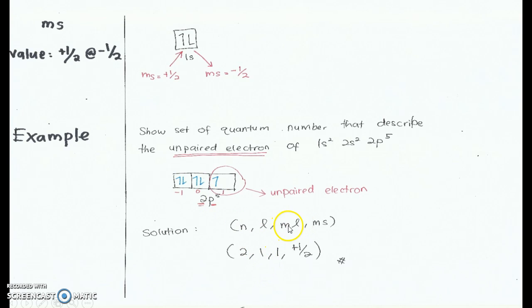And ml refers back to l, so because l equal to 1, ml is negative 1, 0 and plus 1. Because the unpaired electron is in the box of plus 1, write 1 here. And you look up here, the arrow is upward, so the ms will be positive half.